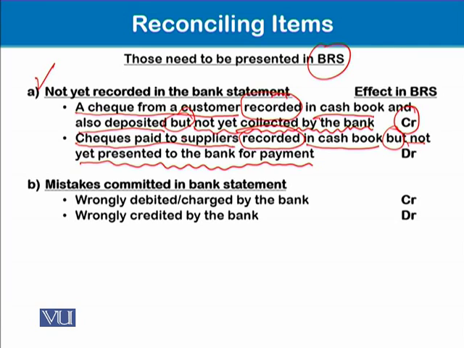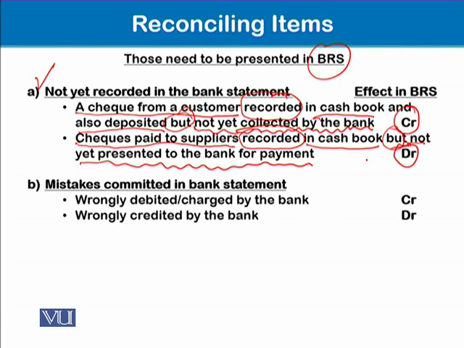Since you have paid this check, you have recorded a reduction in your bank balance, and whenever you record a reduction in your bank balance, you record it as credit. So you are assuming that that credit is wrong or excess. That's why you will give debit effect to this check which has not yet been presented in the bank for payment.